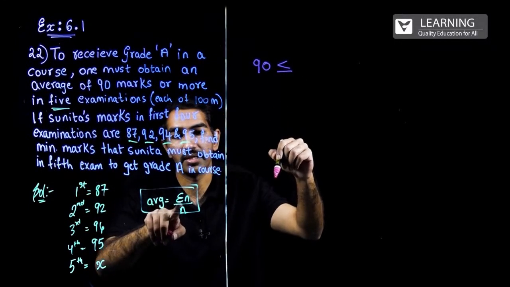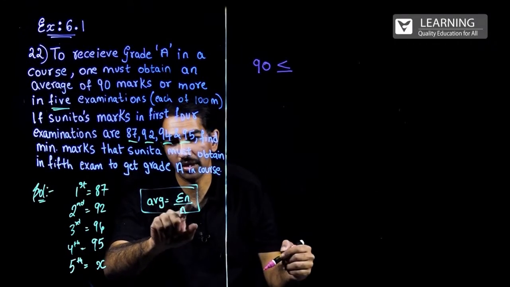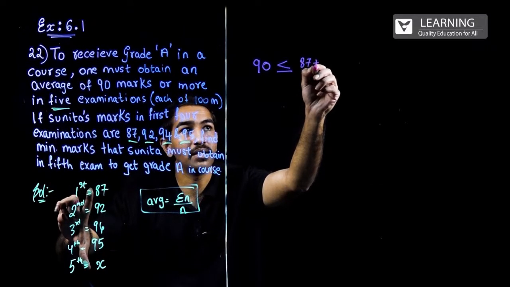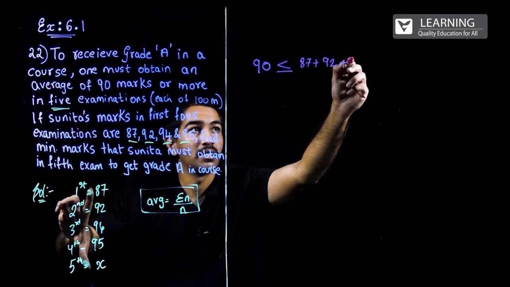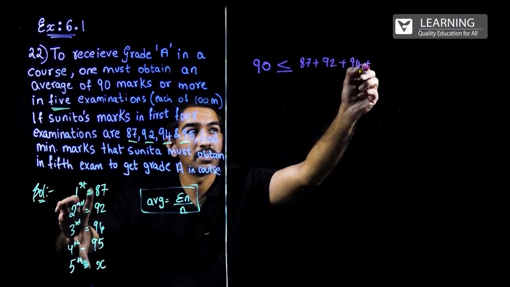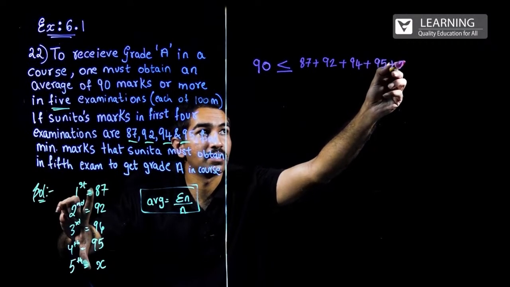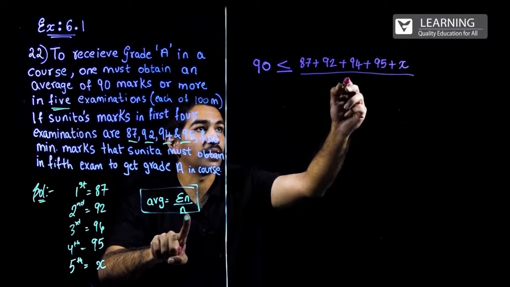What is summation of n? Sum of all these things, summation of n, means the sum of observations. So sum all these observations, that is nothing but 87 plus 92 plus 94 plus 95 plus x, the whole divided by the total number of observations, which is 5.